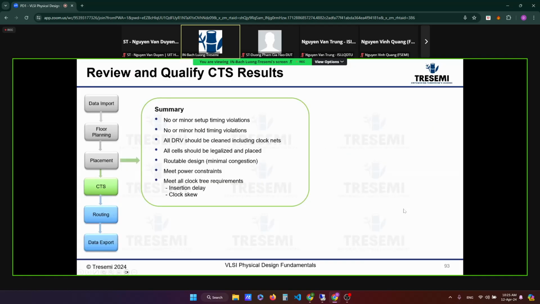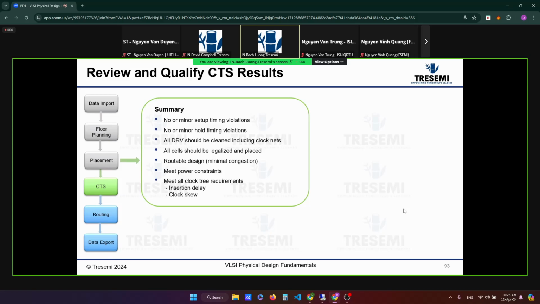Okay, can everyone see my screen? Yes. Okay, thank you, Dave. Okay, so we got how much time left? We got about 34 minutes left, so I think we do. Okay, so back to CTS.